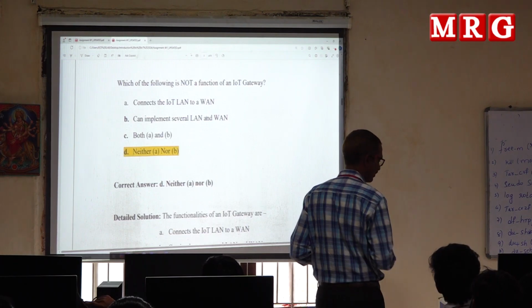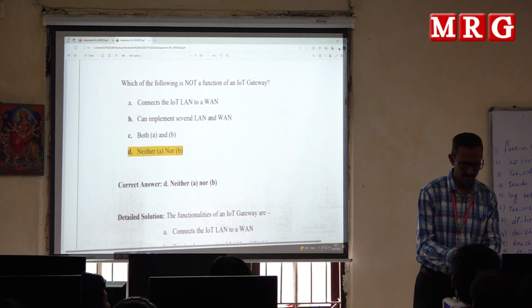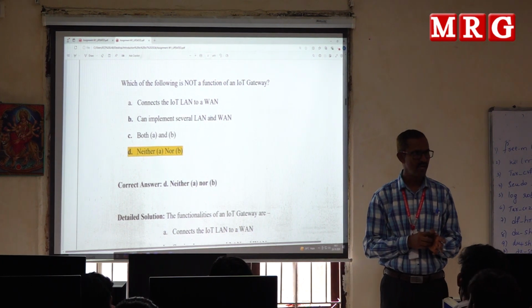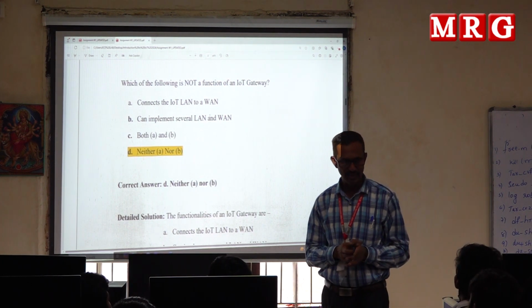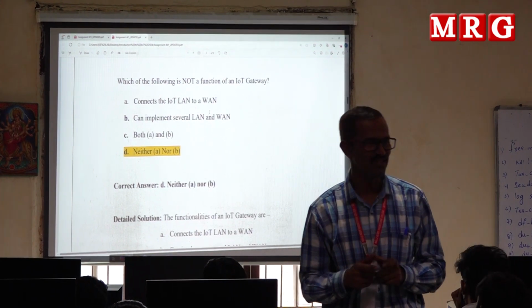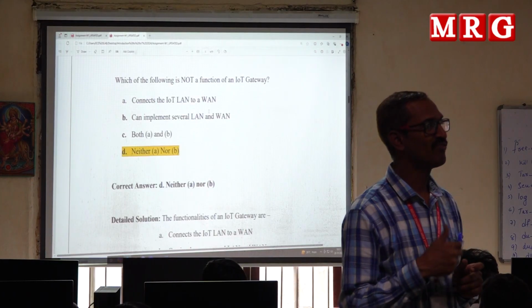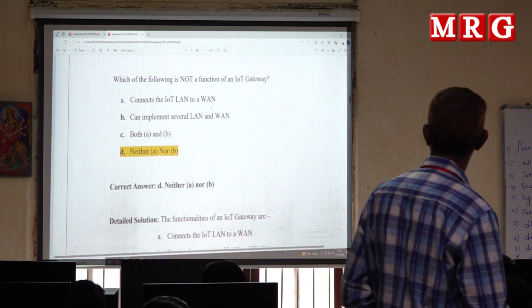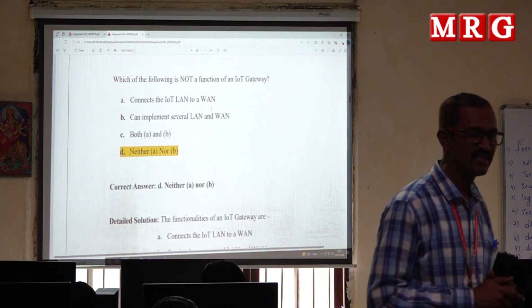Yes, it will implement several LANs and WANs. So both are correct, A and B. IoT gateway function is connecting LANs to WANs. But the question asked it in reverse. Confusing. Not a function, but they are the functions. So what is the answer?